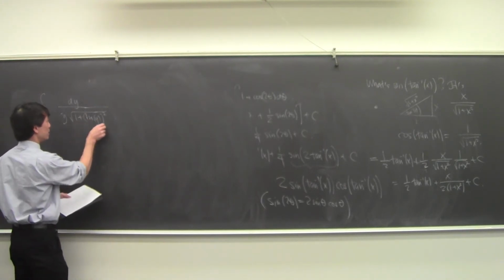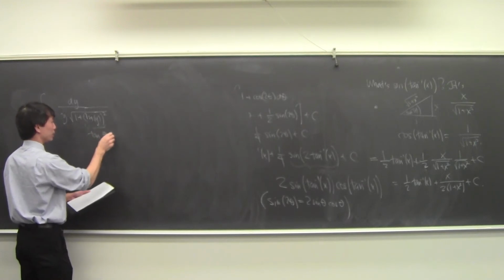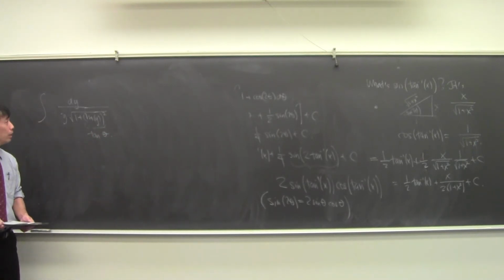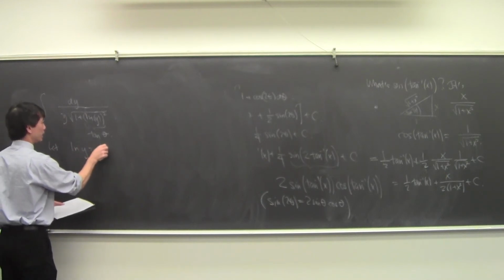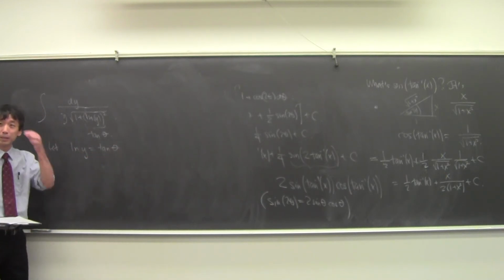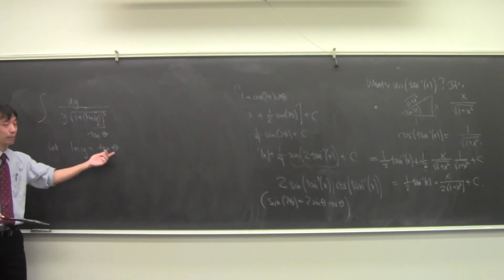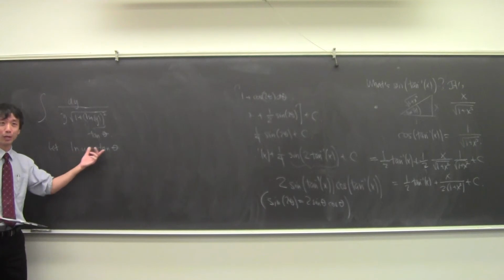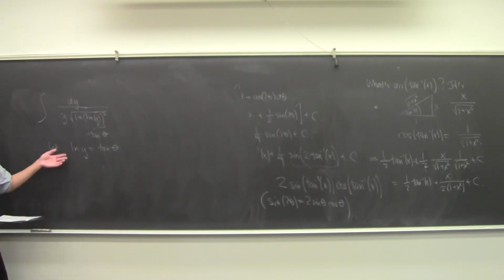So we want to make this thing tangent of whatever variable, tan theta. So let natural log of y be tan theta. This is a little more sophisticated than the last example. We're not taking y to be the tangent, we're taking the natural log of y to be the tangent. That's still okay. You see there's some versatility to this technique.